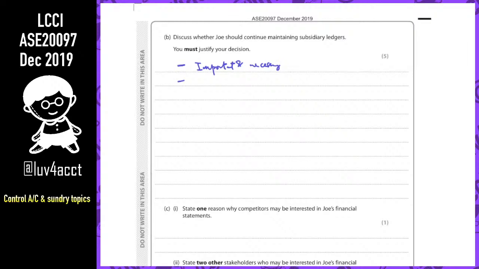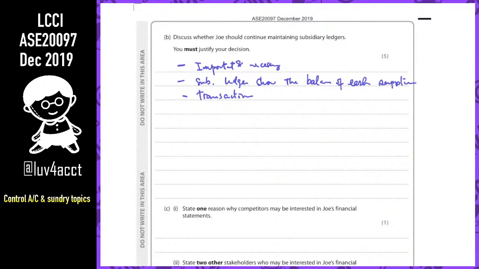Because the subsidiary ledgers show the balance of each supplier. Not just the balance, but also all the transactions: how much purchases are made, how much payments are made, how much discount are given to us.